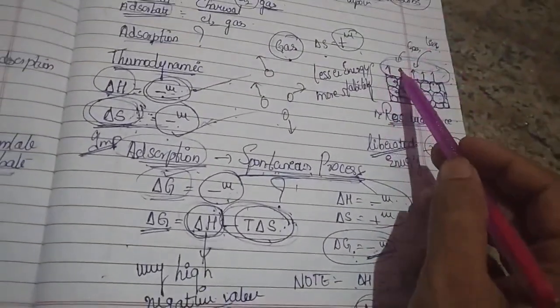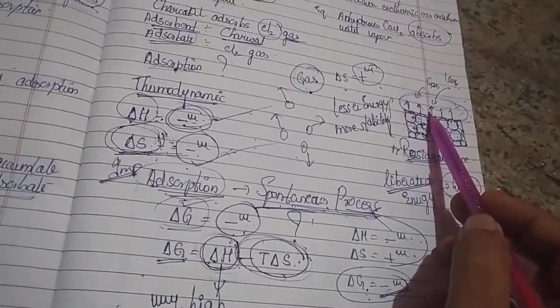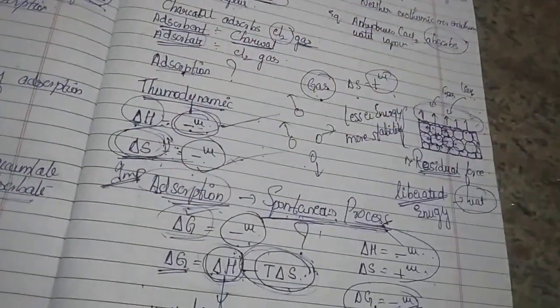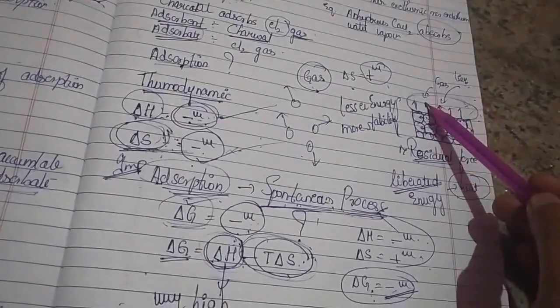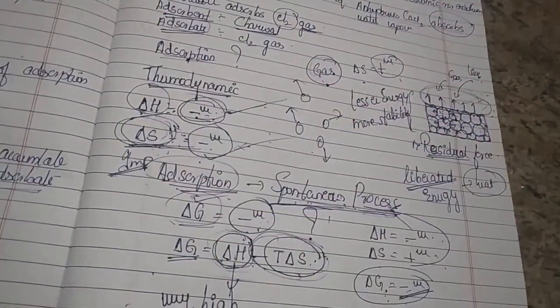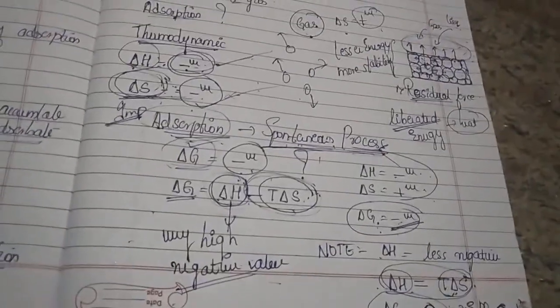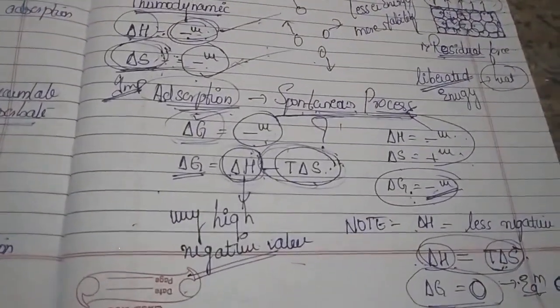So in order to balance this residual force, the process of adsorption takes place. When this accumulation takes place, the energy is liberated. That is the reason we say adsorption is an exothermic process.